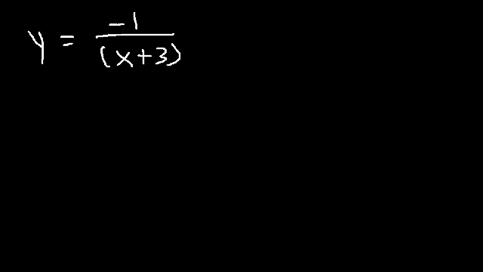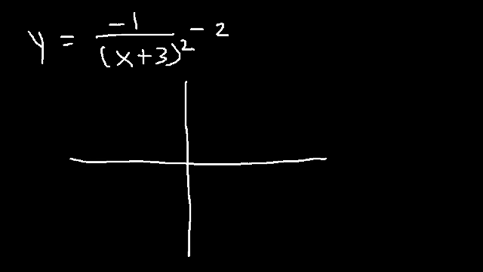Let's try another example like this one. Let's say it's negative 1 over x plus 3 squared, minus 2. So go ahead and take a minute to graph this particular function. The vertical asymptote is x is equal to negative 3.